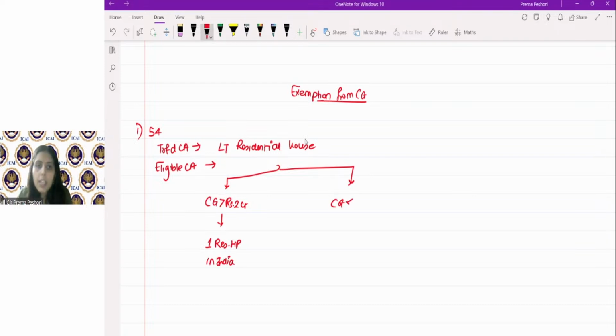If the capital gain does not exceed rupees 2 CR, then at the option of the assessee, you can invest in two residential houses.